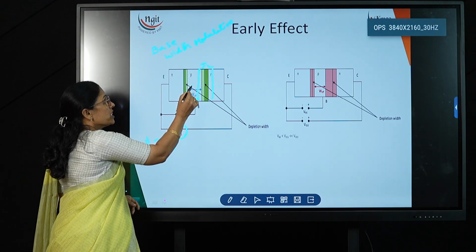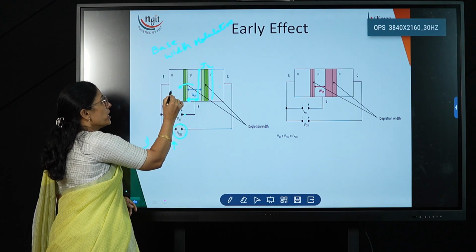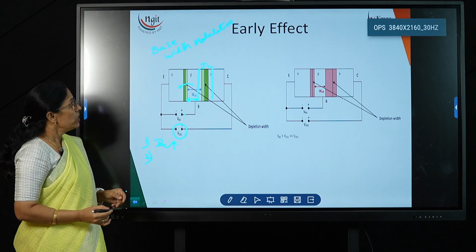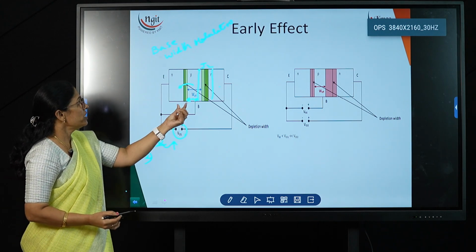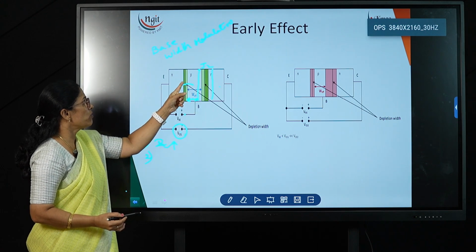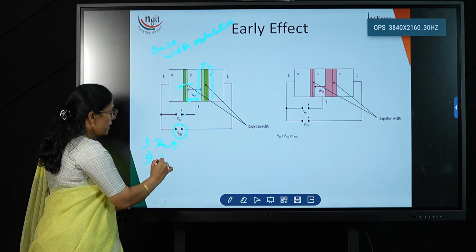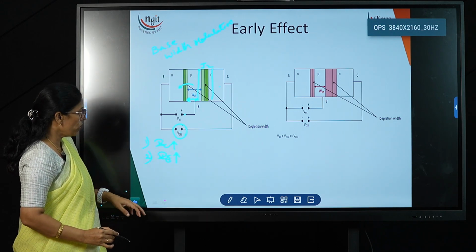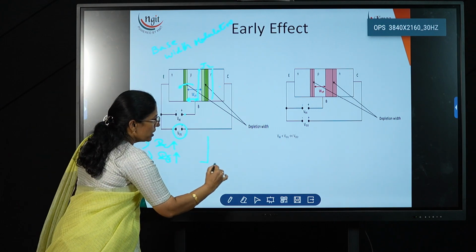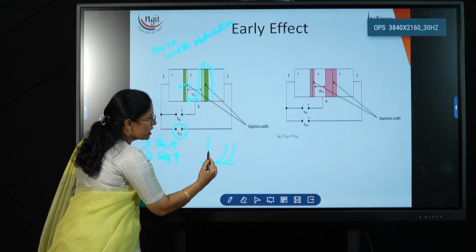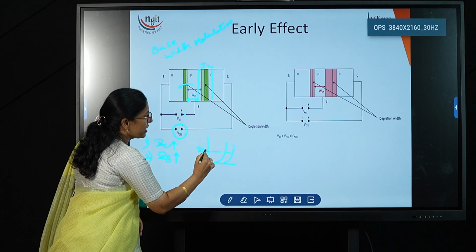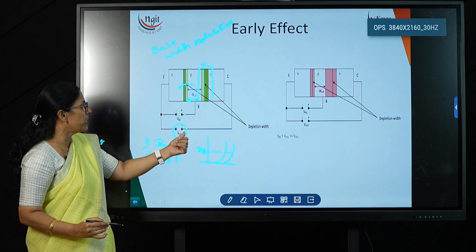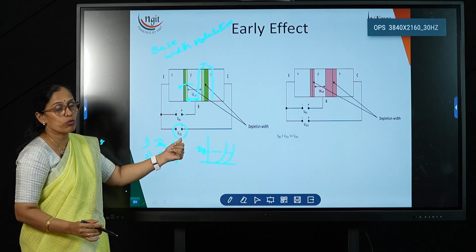Those minority charge carriers will try to move into the emitter. This is the charge gradient or concentration gradient. Because the width is reducing, charge carriers are moving into the emitter, thereby the number of charge carriers at the emitter increases, so the IE current is increasing. That's why the graph moves towards the y-axis, meaning the IE current is obtained at the earliest. That's why the name is early effect. IE current is increasing by increasing the reverse output voltage.